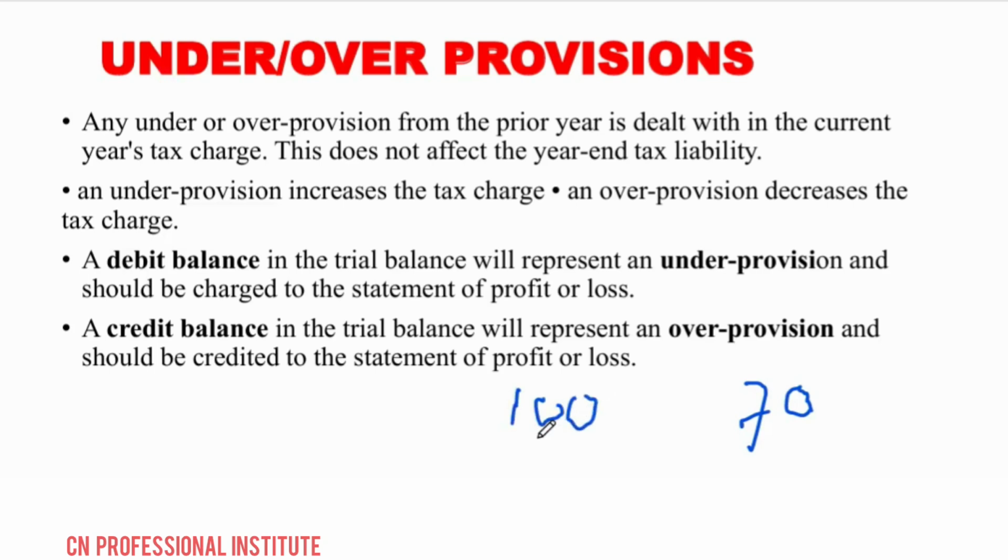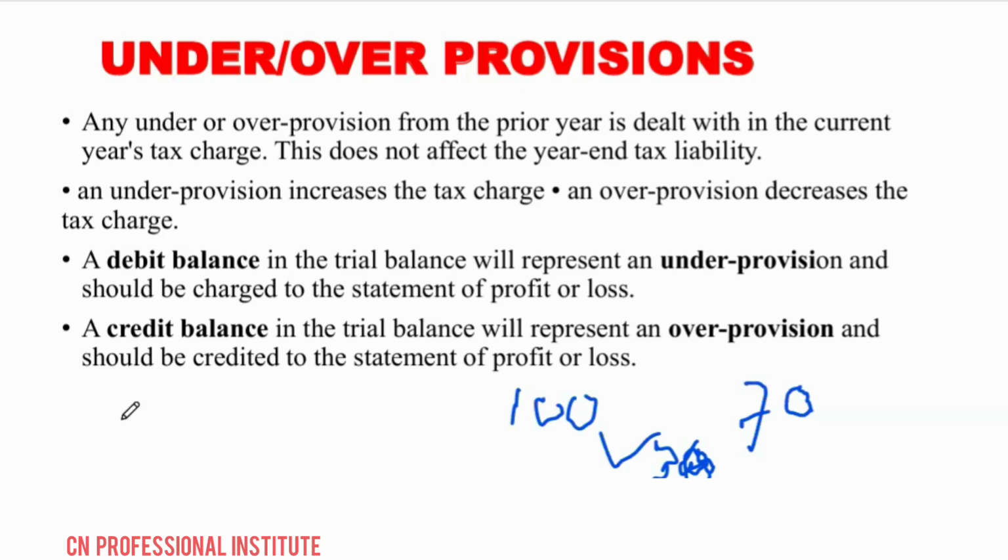So the difference is what we call over provision from the previous year. So when it comes to the current year, the 30 should be less from your income tax expense. The difference of 30 should be less from your income tax what? Expense. Are you following? So that's it with over provision.